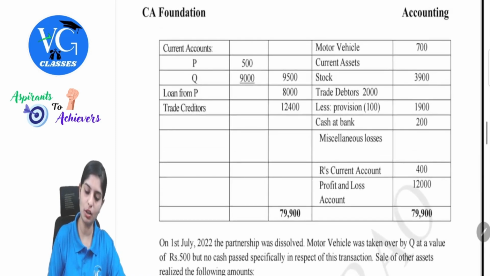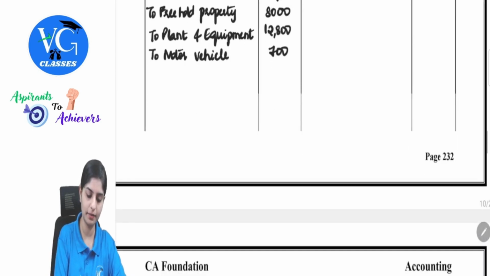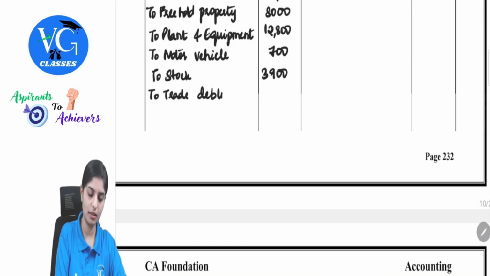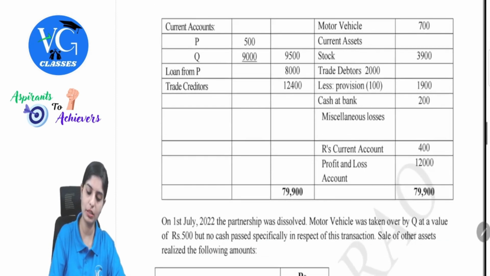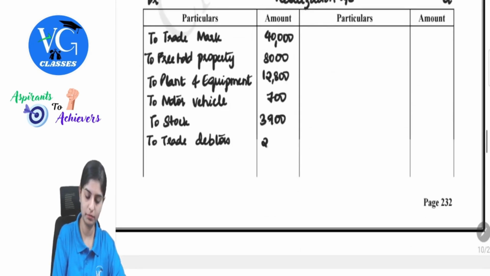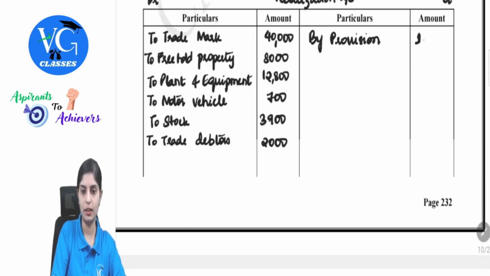Next, stock, 3,900. Then we have trade debtors. Remember, gross value, trade debtors 2,000, provision 100, by provision 100.